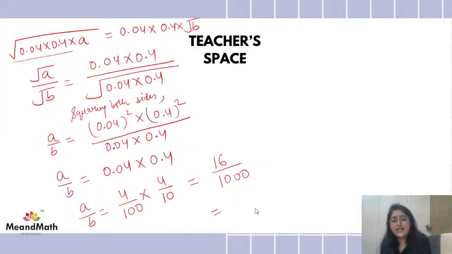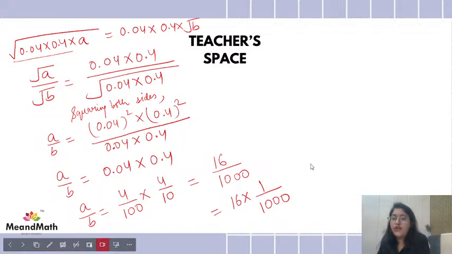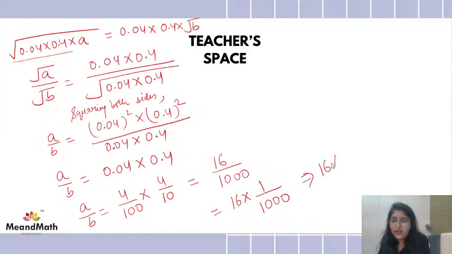So how can we write this in the decimal form? Like if we want it in the exponent form, like 16, can we write like this? We have read this in exponents. In the exponents we have done, that 1 upon 1000 can be written as 1 upon 10 raised to power 3. It is 10 raised to power 3 now.